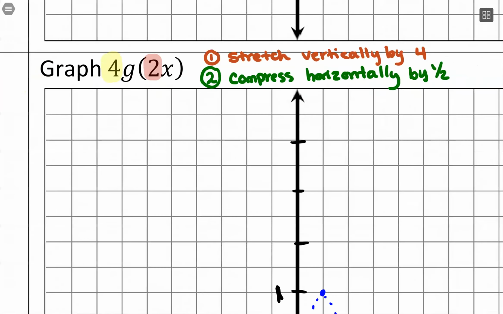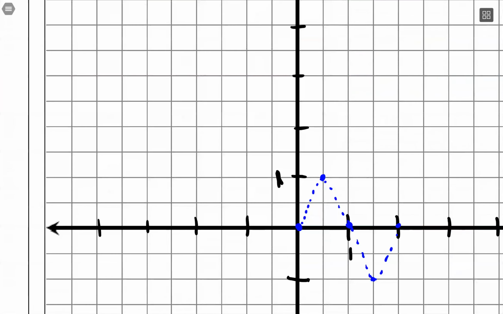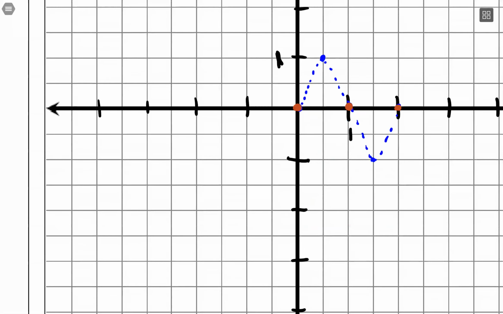Alright, so stretching vertically by 4. What I'm doing is taking these y values and multiplying them by 4. So where I have this distance of 1 right here, that's going to change to a distance of 4. I'm going to get this point all the way up here. The values on the x-axis are just going to stay put, and then I have this distance here, that -1.